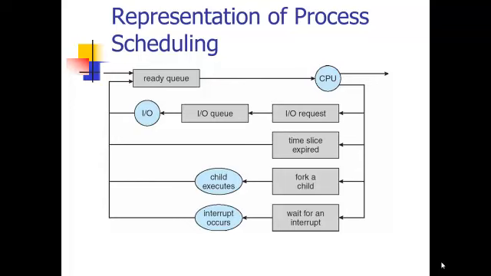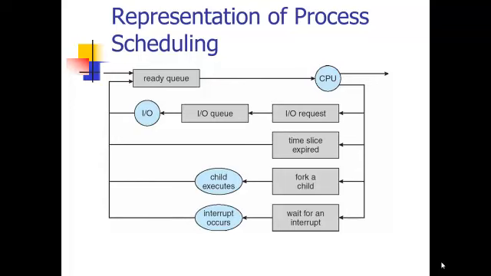So the fourth condition is waiting for an interrupt. So a CPU will take a process out or stop its execution when a particular task has occurred. So it will wait for the interrupt.